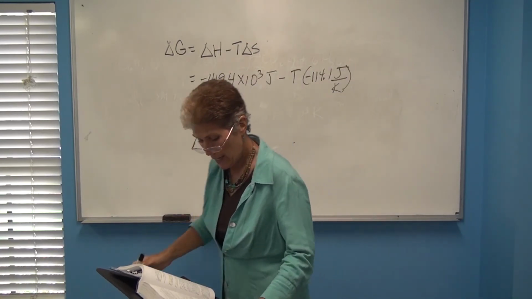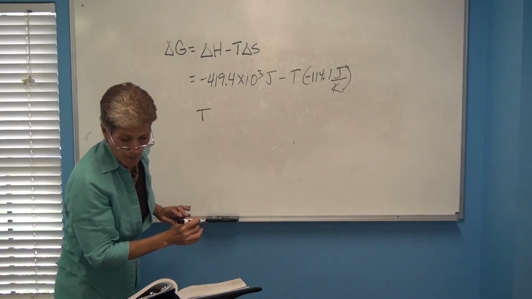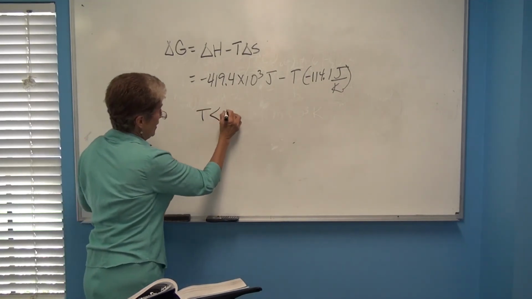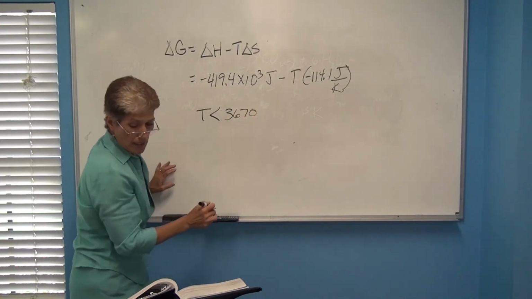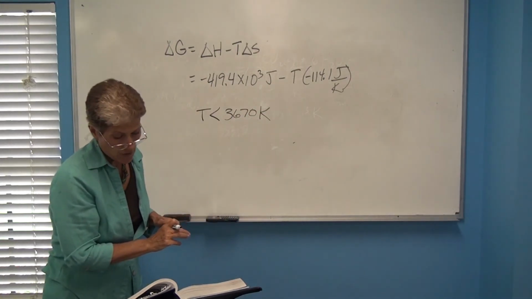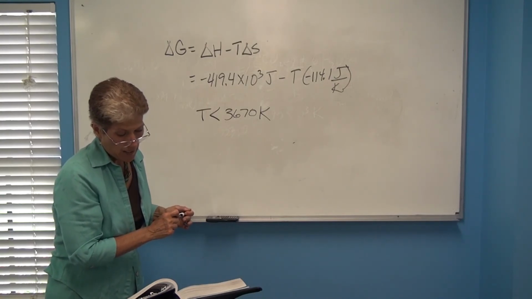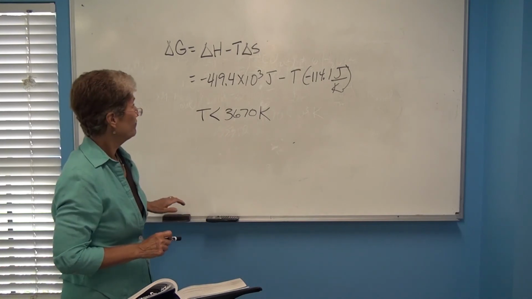This would give us a temperature of less than 3670 Kelvin. And so at less than 3670 Kelvin, it would be spontaneous.